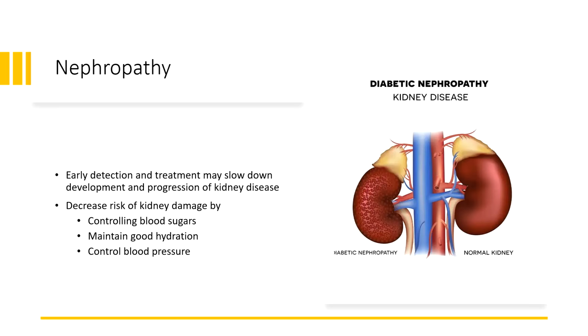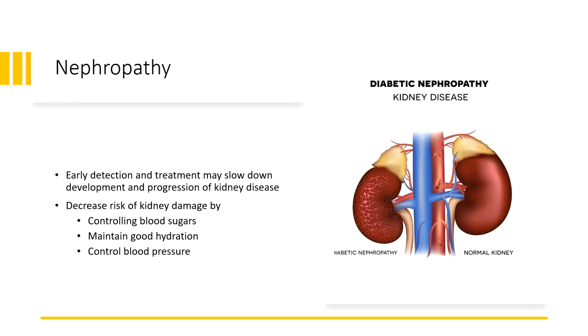We talk about making sure that we have early detection and treatment. Just like all of the other complications, if our patients have diabetes and we diagnose them at an older age, we teach them a lot more about controlling their blood sugars and maintaining hydration so that they don't get too dehydrated.